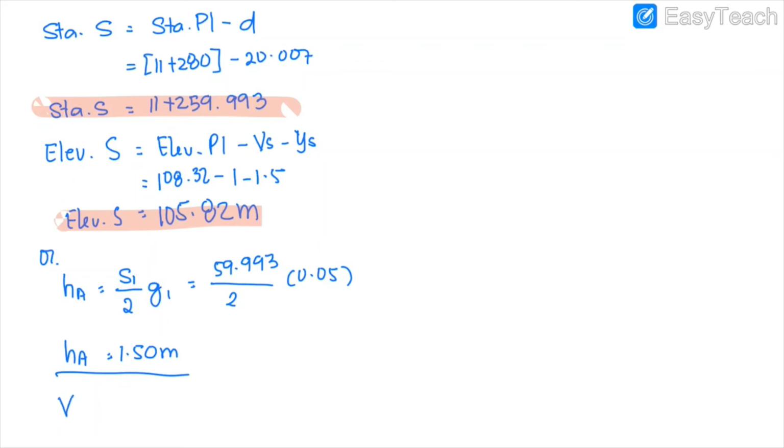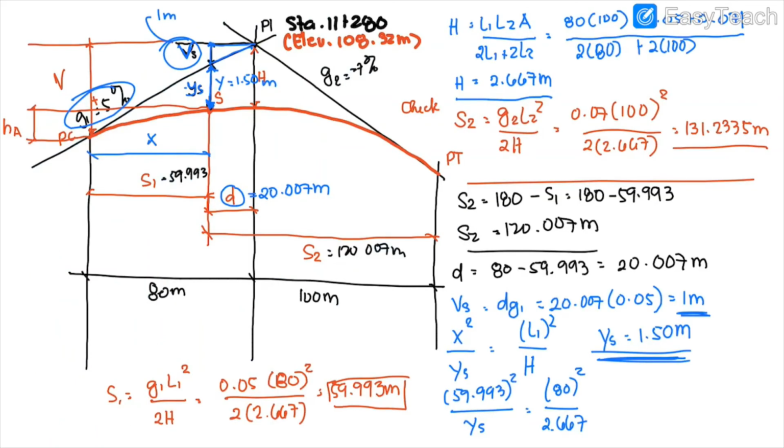And the vertical distance of PI to PC is basically the slope. G1 times L1. Ito lang yun, triangle. Ito yung triangle niya dyan. Slope lang po. That is your slope.